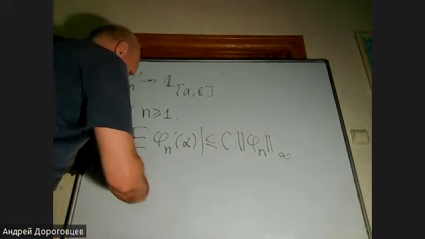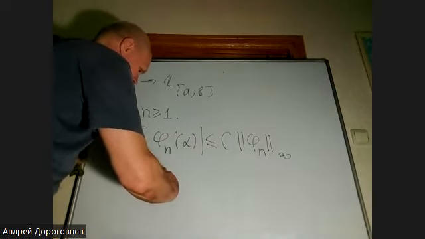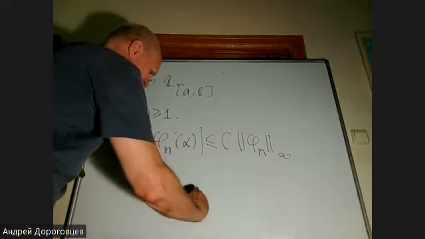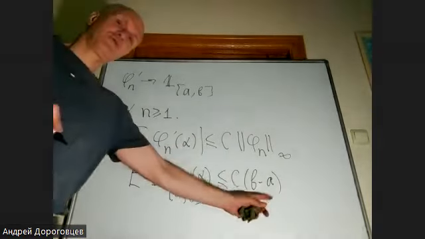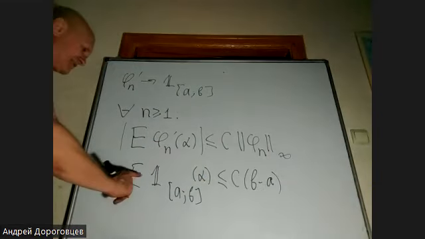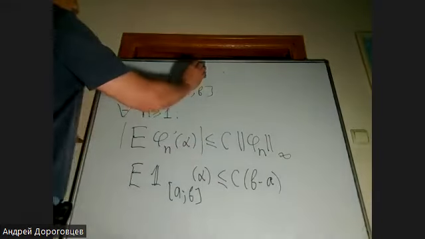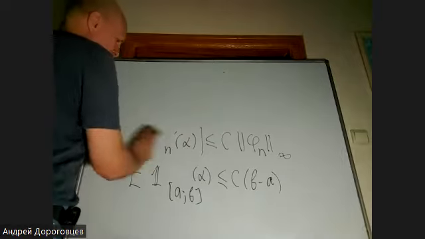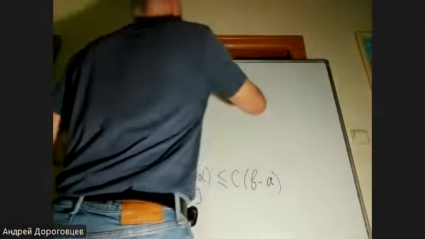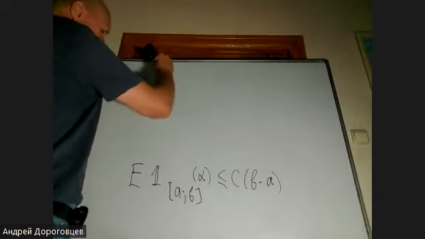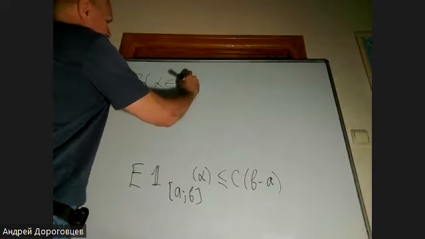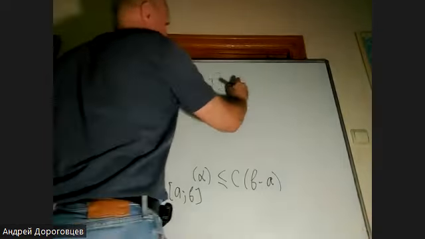So we will have the expectation of the indicator of the interval AB of alpha is less or equal than C times b minus a, which is the uniform norm of our function phi. The last one can be rewritten as follows: the probability that our alpha belongs to the interval AB is less or equal than C times b minus a.